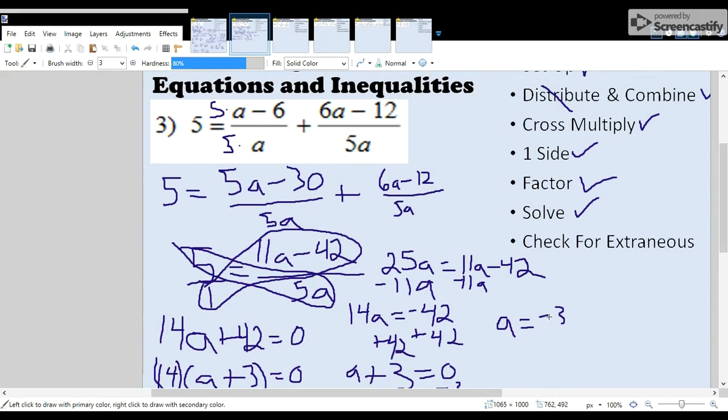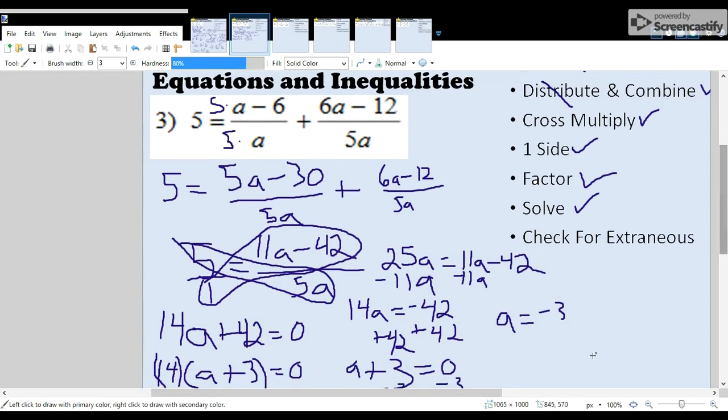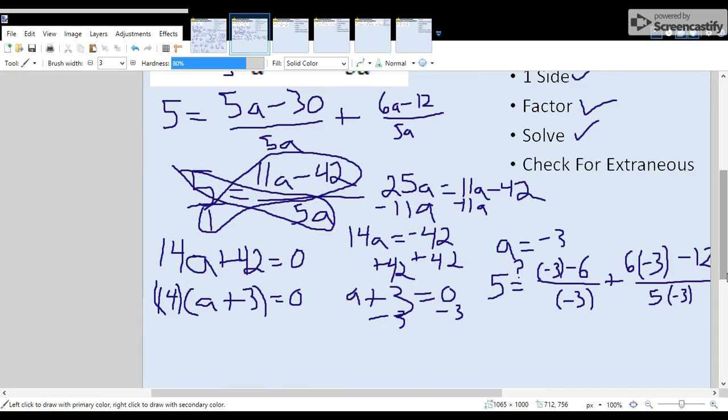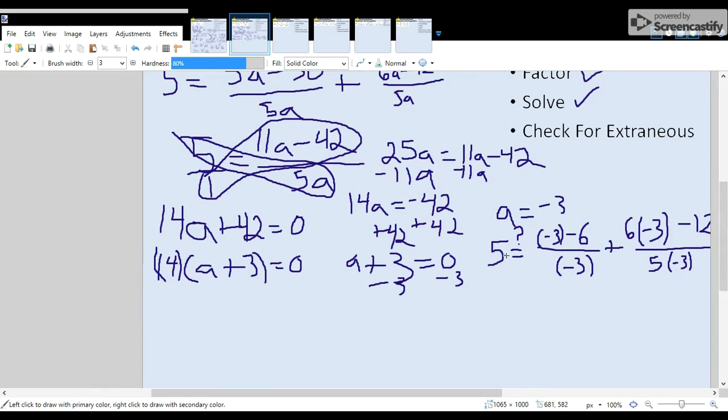Okay, our last step, step 7, we're going to check for extraneous solutions. So we're going to go ahead and substitute wherever we see an a in the original, we're going to plug in -3 instead to get something that will look like this. We have, is 5 equal to (-3 minus 6) all over (-3 plus 6) times (-3 minus 12) all over 5 times -3.